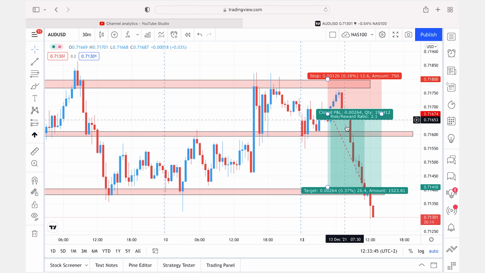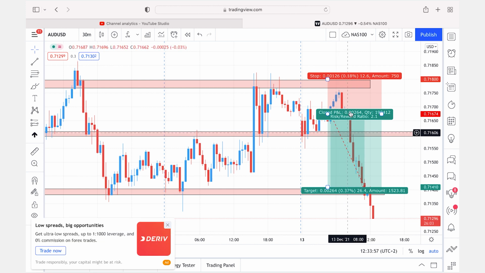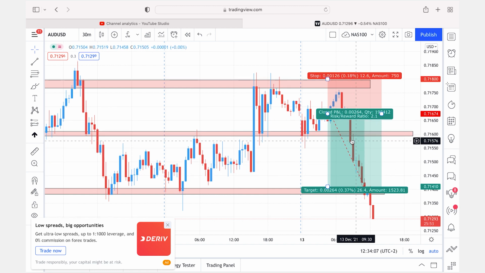The market broke this support. By the way, my first TP was here. You can also use support and resistance as your TPs. So my first TP was here on this support, but after seeing that the market broke this support, then I continued holding my other trades. You understand?